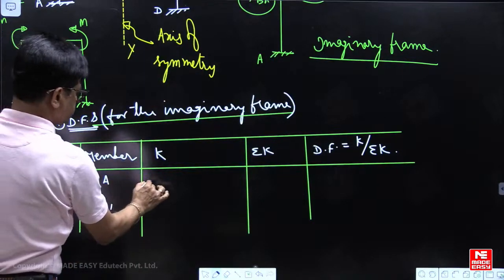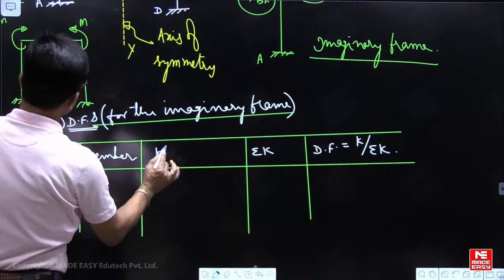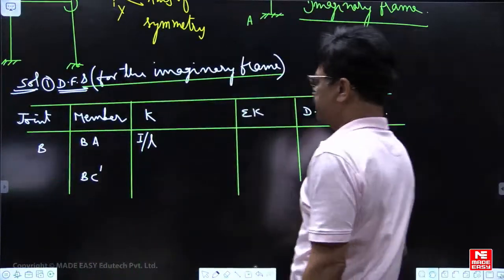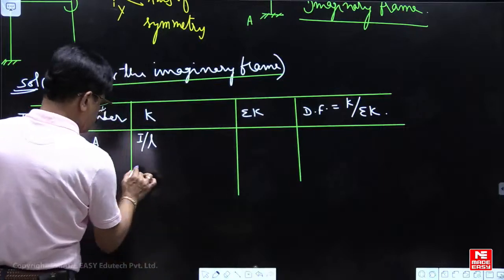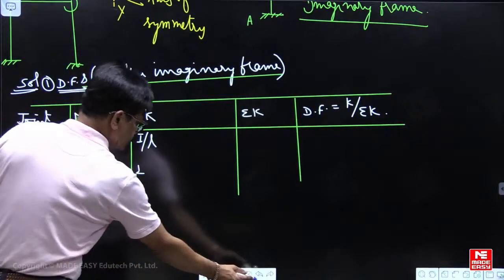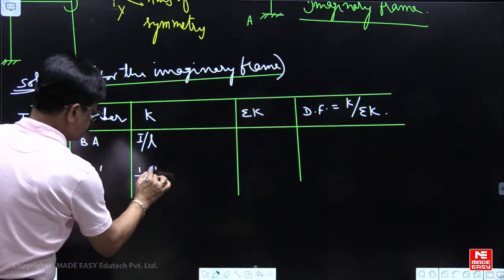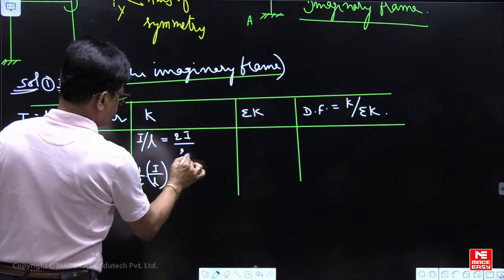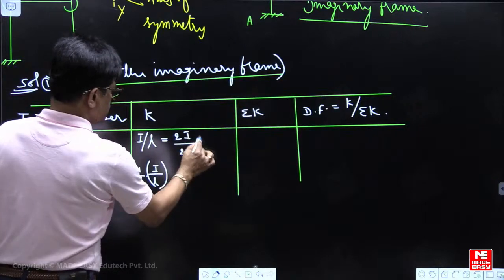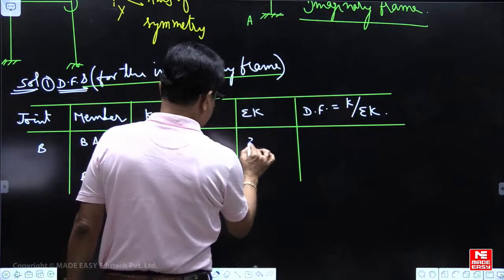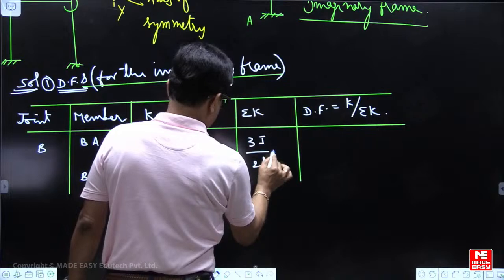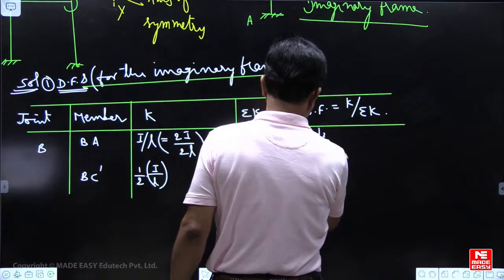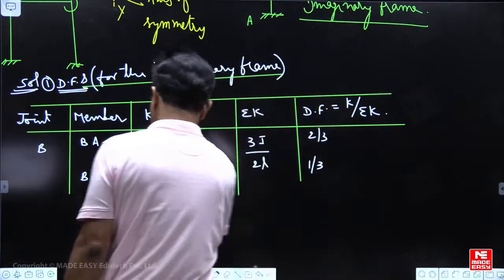BA, I by L, in terms of length only. I by L, this is half of I by L. This we can write 2I by 2L, just to simplify the calculations. 2 plus 1, 3I by 2L. So this will become 2 by 3, this will become 1 by 3.